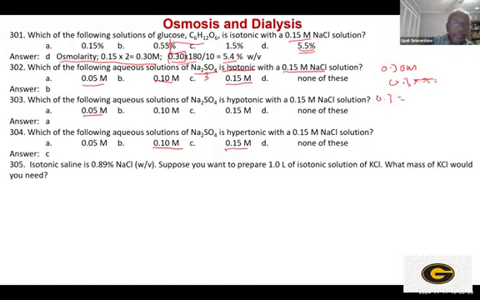Saline solution has weight by volume 0.89. How do you prepare 1 liter isotonic? Suppose you want to prepare, what mass would you need?